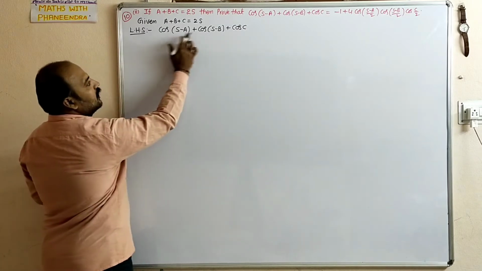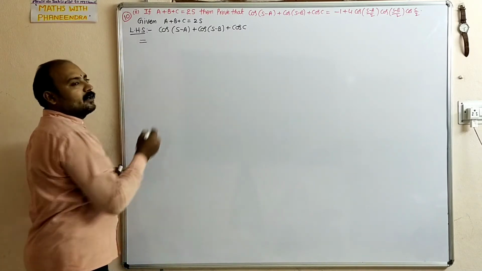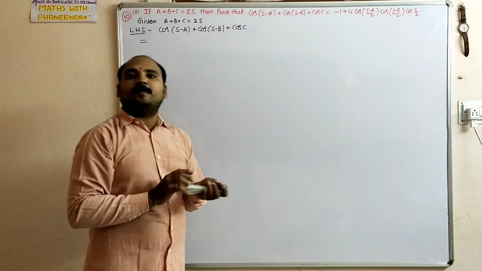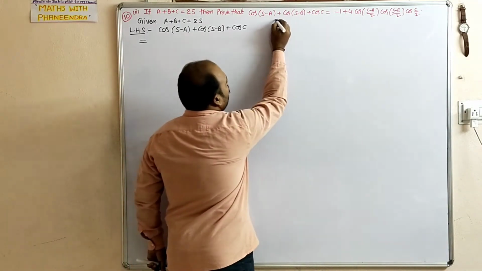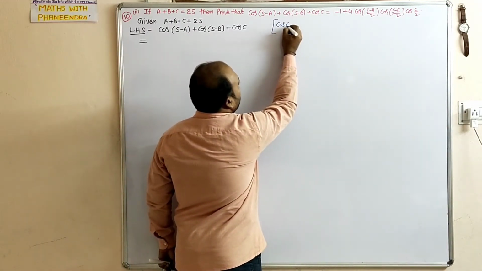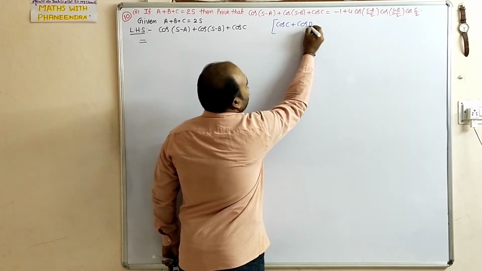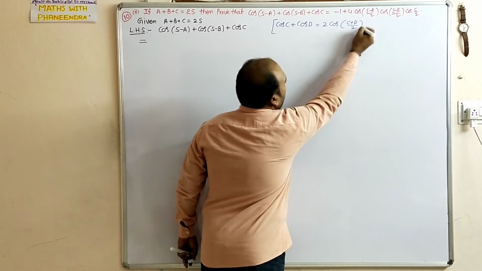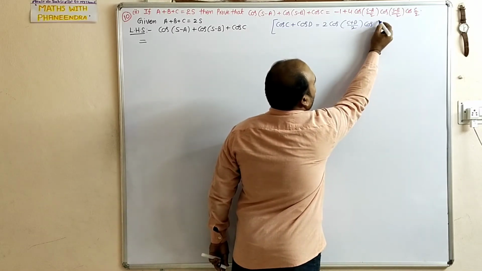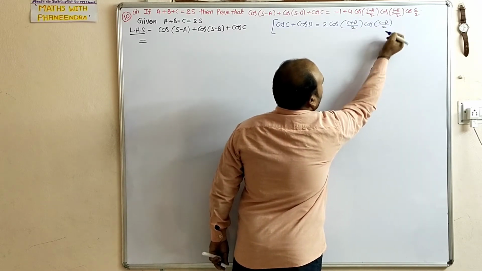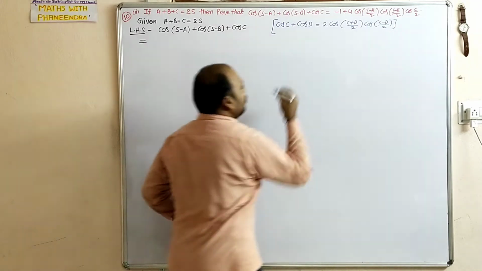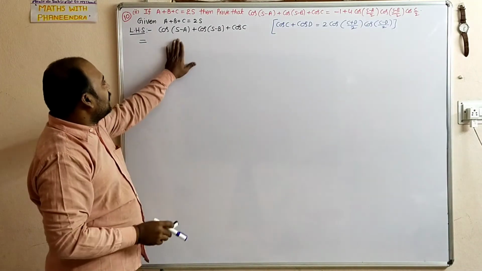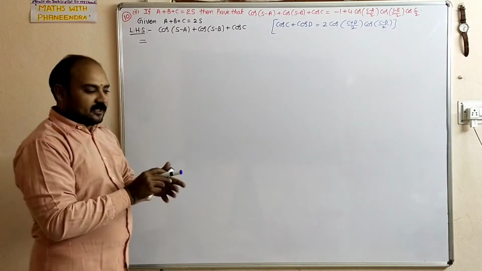For the first two terms you have to apply the transformation formula cos C plus cos D, which is equal to 2 cos of (C plus D) by 2 cos of (C minus D) by 2. In this, C is s minus a, D is s minus b.